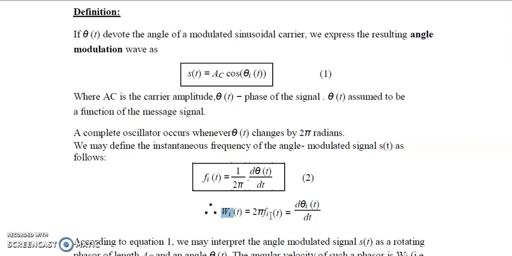What is that frequency? So from equation number 2, when this 2 pi goes to the left side, it becomes the value of d theta t by dt, that is the rate of change of phase angle at any instant. Okay, let us move.